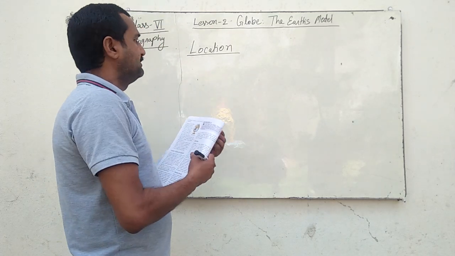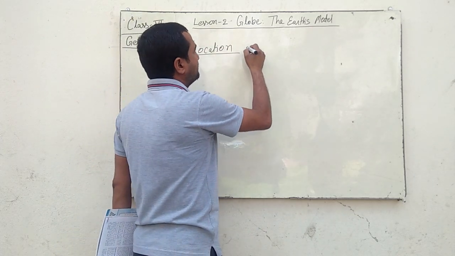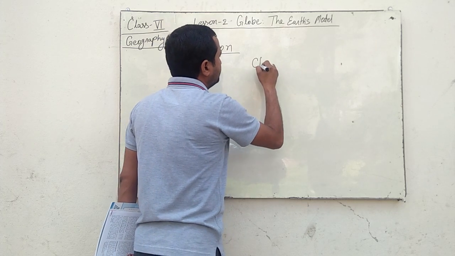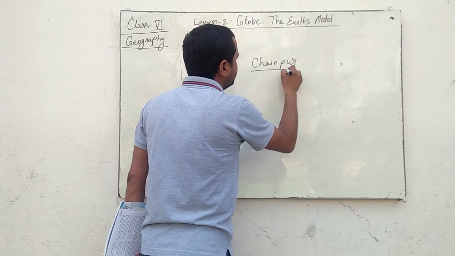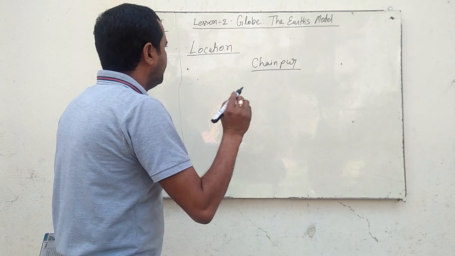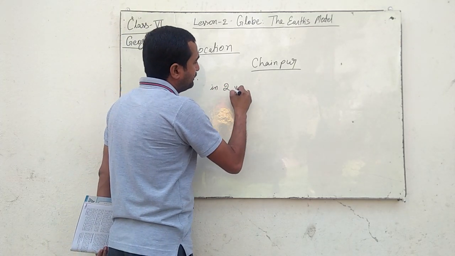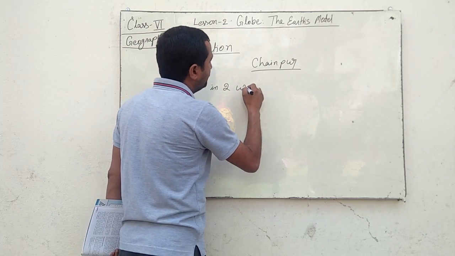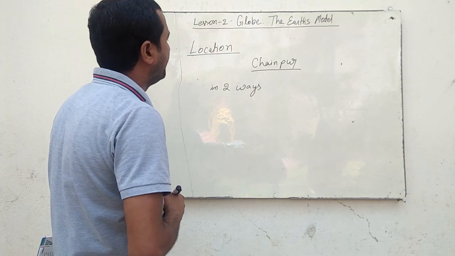Suppose I talk of a place, let it be Chainpur. Chainpur can be located in two ways. The location of Chainpur can be shown in two ways.